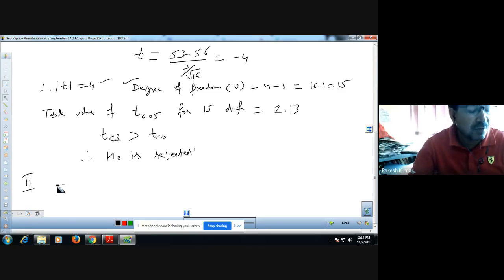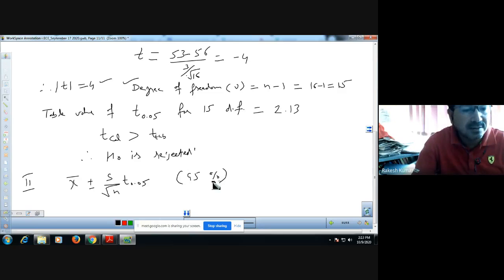For calculating part number 2, we must use the formula for confidence limit, that is x bar plus minus s upon square root n into t 0.05. This is the formula for the 95% confidence limit, because we are using 5%.